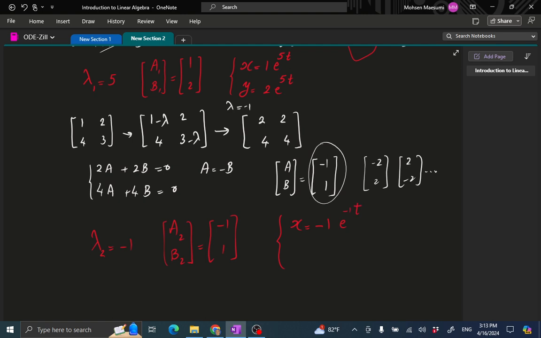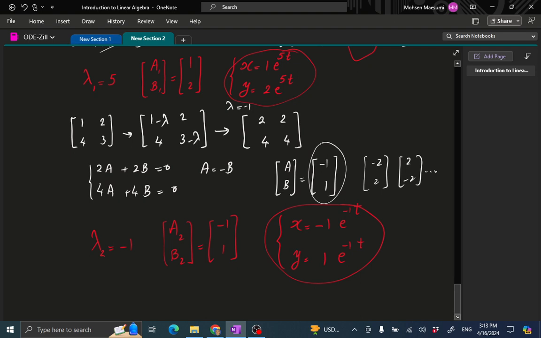That's my eigenvalue. And y is b, which is 1, times exponential of -1t. We found two solutions. So this is a solution, that is a solution, and as it turns out, any linear combination of them will be a solution.